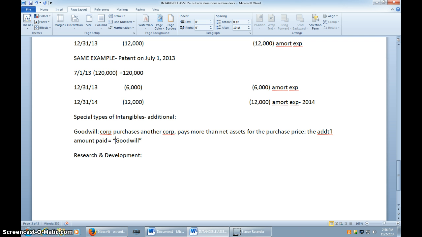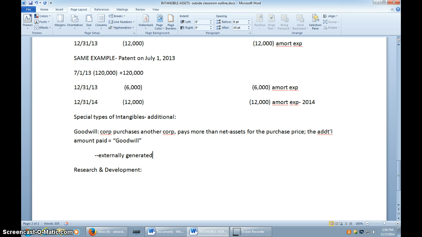So that would show up on the corporation that bought the other company, under their intangible assets as goodwill. That's where that comes from. So goodwill, you can think about it, is externally generated.